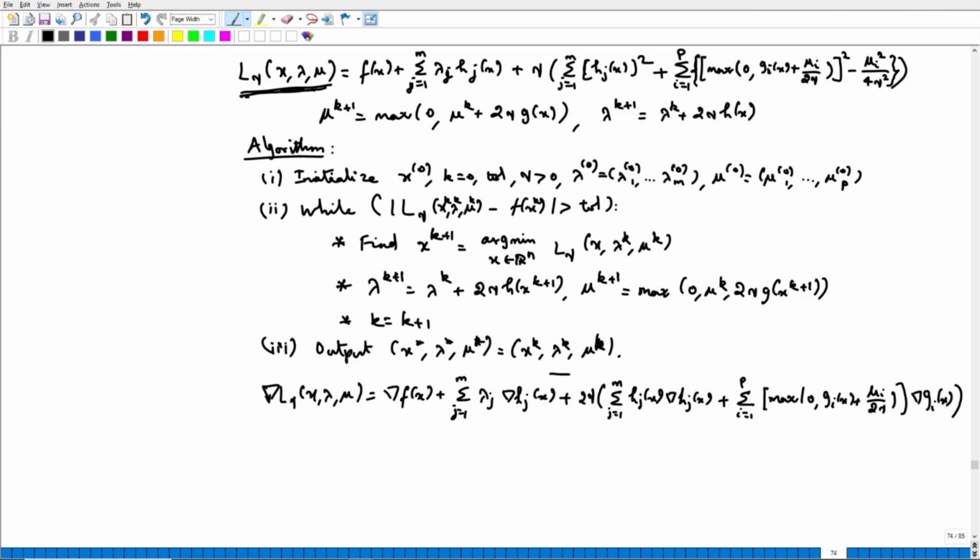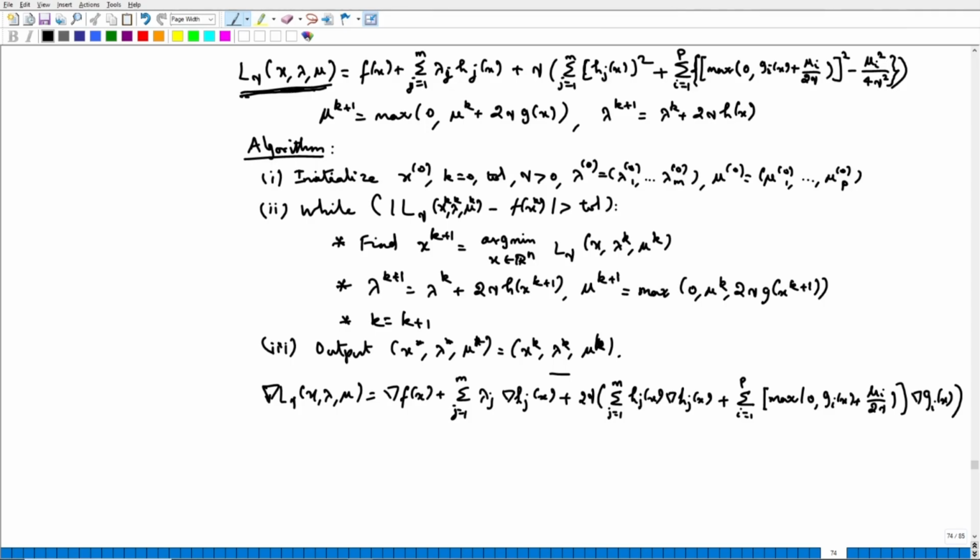No issues: the gradient of L gamma of x, lambda, mu is well defined, and it exists when g i of x plus mu i by 2 gamma is equal to 0. It is the same as how we had it for the quadratic penalty function.